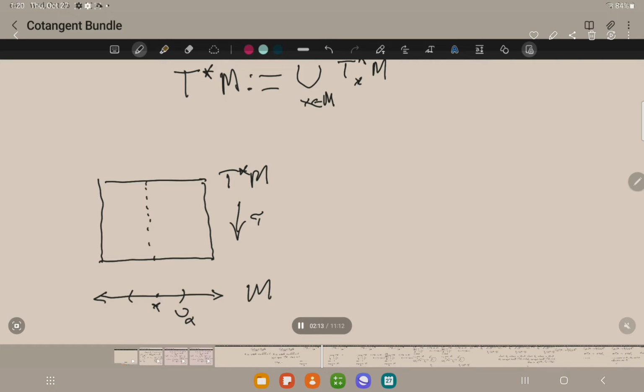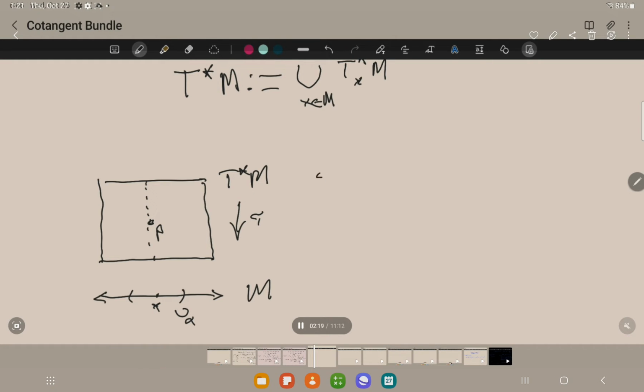And then, of course, if you project X all the way up onto the bundle, pick a point P. That would be your momentum, or the point on the cotangent bundle. And the way you write that is, here's a canonical projection or surjective function on the bundle here.